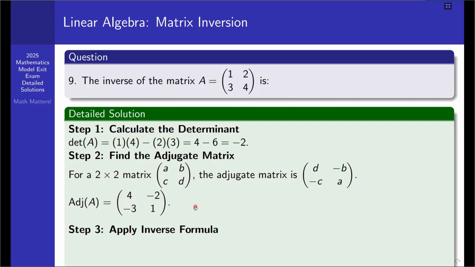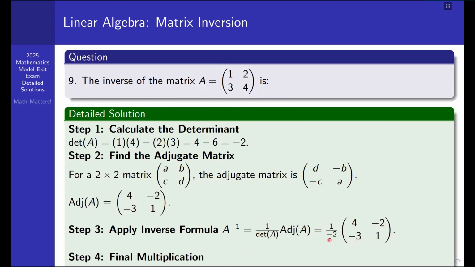Then, applying the inverse formula, the inverse is equal to 1 over the determinant of A multiplied by the adjoint of A, so that it becomes 1 over negative 2 into 4, minus 2, minus 3, 1.